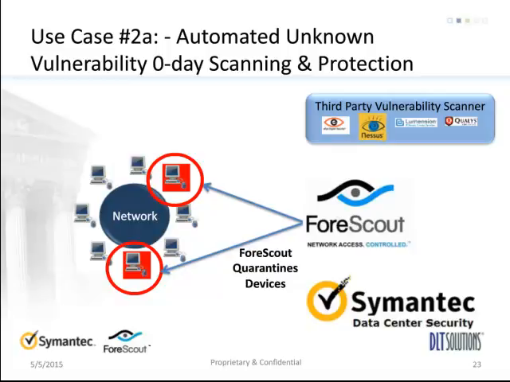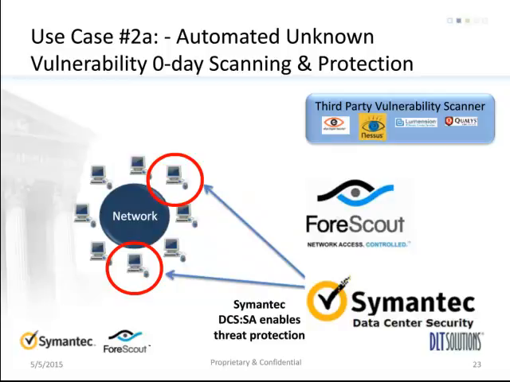So even though there's no known fix, DCS has the ability to put a sandbox policy-based control around that appliance, around that server, to make sure that code is not executed or that internet connection to a botnet is not made. Tom, is there anything that you wanted to add to that?